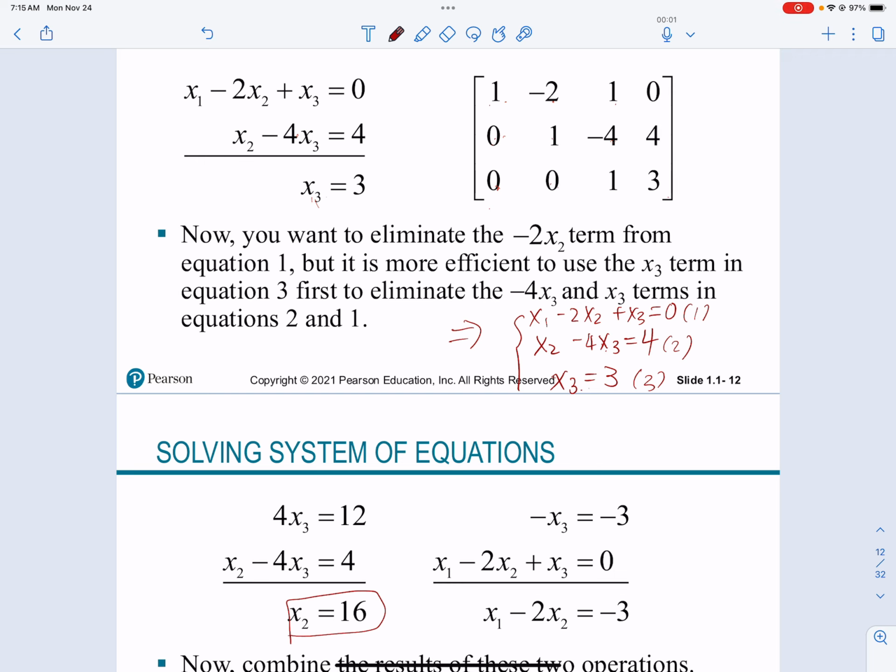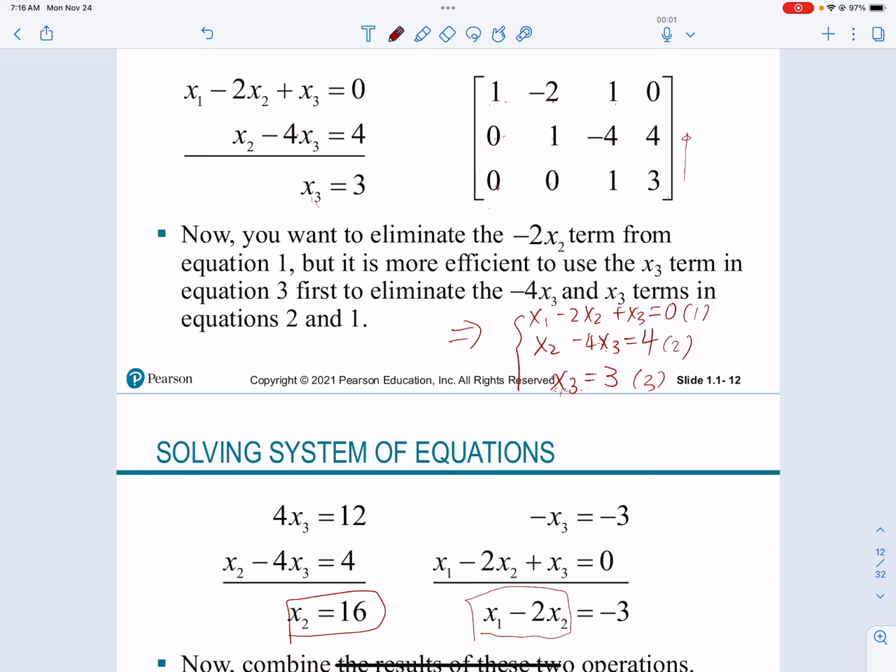You substitute x3 equal to 3 into 1, you can get x1 minus 2x2. Are you guys with me? Yeah, and when you do the substitution, what do you think we should do with the matrix? Actually, what do you want? You wanted to get rid of the x3 here. Are you guys with me?